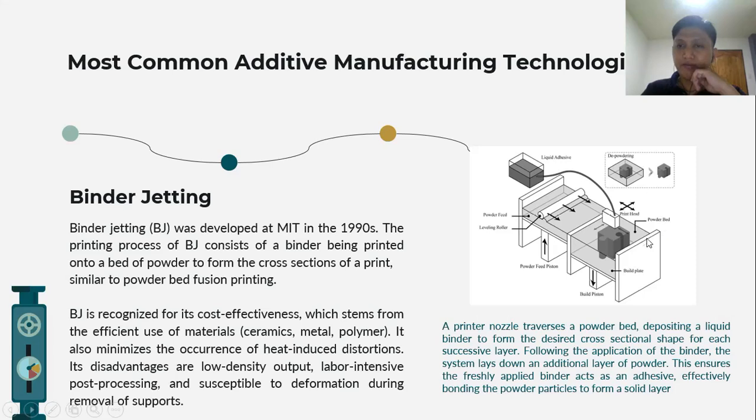And the powder bed is being fed by this leveling roller, where this powder came from the powder feed piston delivered from the bottom of the machine, and once the layer has been cured, it delivers a flat or leveled powder for the next layer to be cured again.